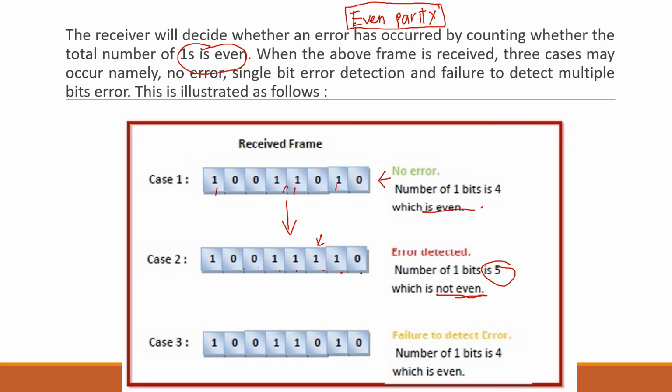For case number 3, 10011010, the parity bit is now 0, so there is no error detected. That's all for the parity checker. Thank you very much.